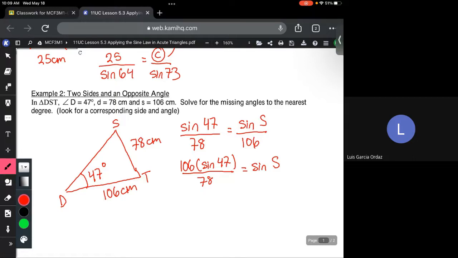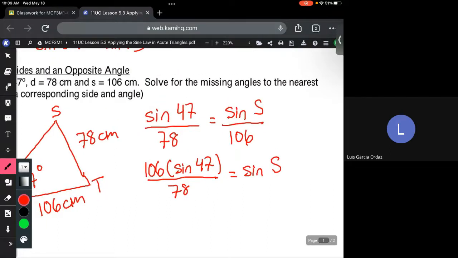Can someone tell me what decimal they get when they do that operation? 0.9938. How did I get that? Do your numerator first and then divide it by your denominator.